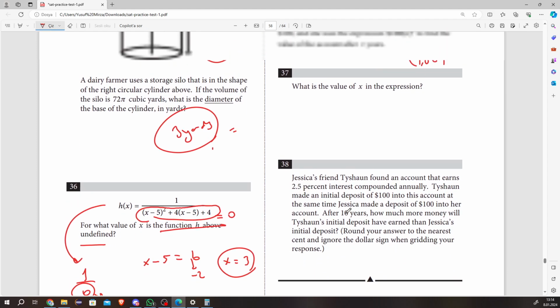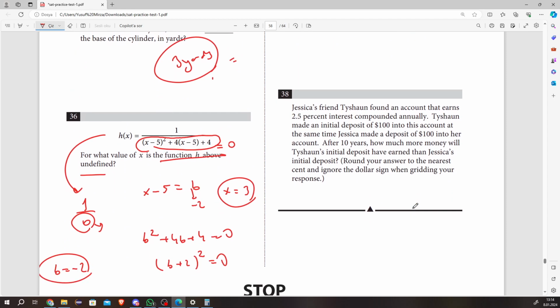Okay, so you can use this formula to look at this. The first one, Tyson makes money, and I add 2.5% interest to it, and we are looking at 10 years.